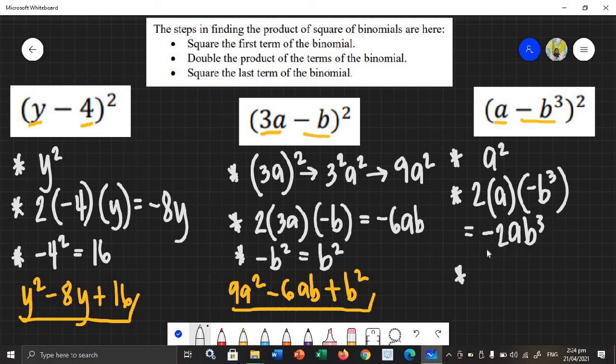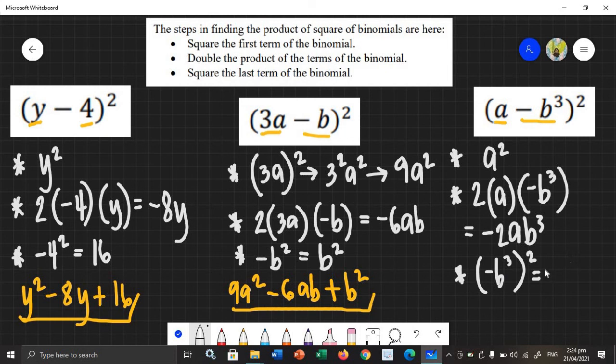And then, for the last step, we will be squaring the last term of the binomial. So, yung last term ng binomial, we have negative b to the third power, i-square pa natin siya. So, applying the laws of exponent, no?